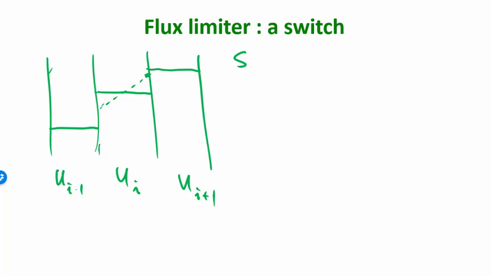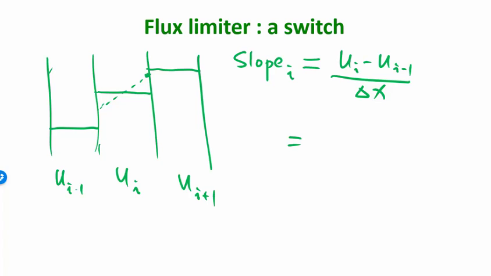So the slope at the ith cell is equal to, if I'm in a continuous region, the slope should be equal to (u_i minus u_{i-1}) divided by delta x. In the other case, it should be equal to 0 if u_i is a local maximum.